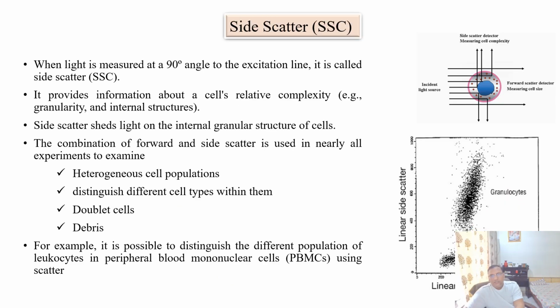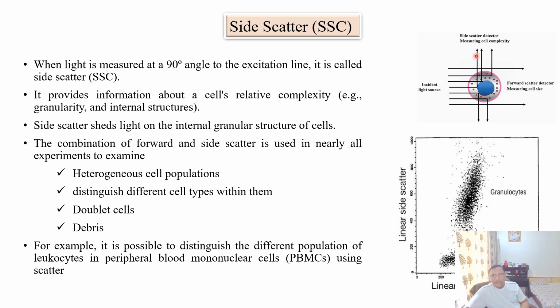And next is the side scatter. As we already said, some light is absorbed and some is reflected. The light reflected sideways estimates the granularity, heterogeneity, or the refractive index of the cells.